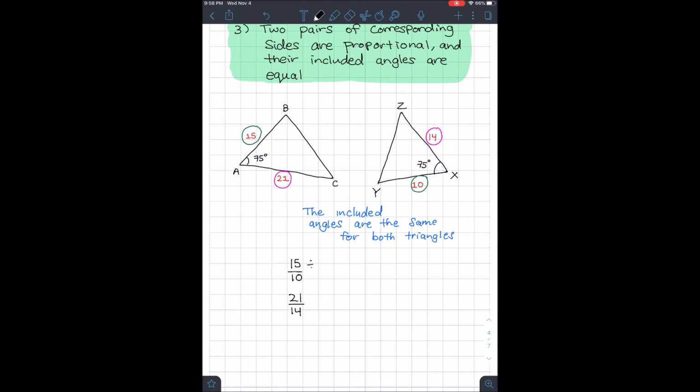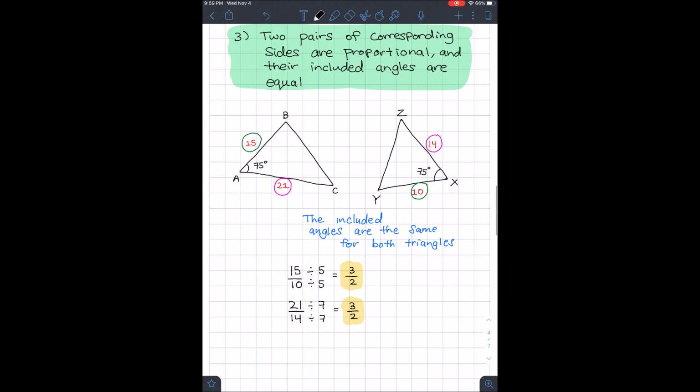Well, if we divide the numerator by 5 and the denominator by 5, we get 3 over 2. For the second fraction, if we divide the numerator by 7 and the denominator by 7, we also get 3 over 2. So, both fractions are the same. Therefore, we can say that the two pairs of corresponding sides are proportional.